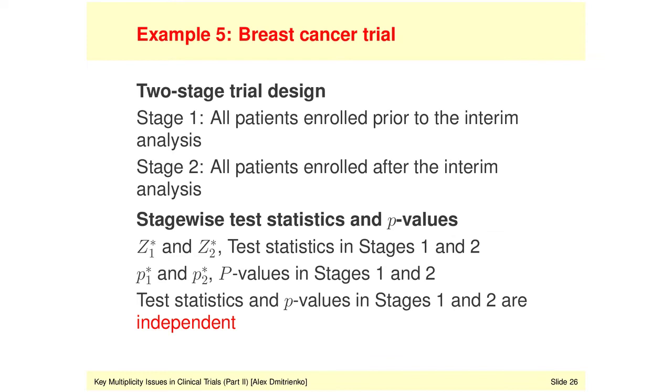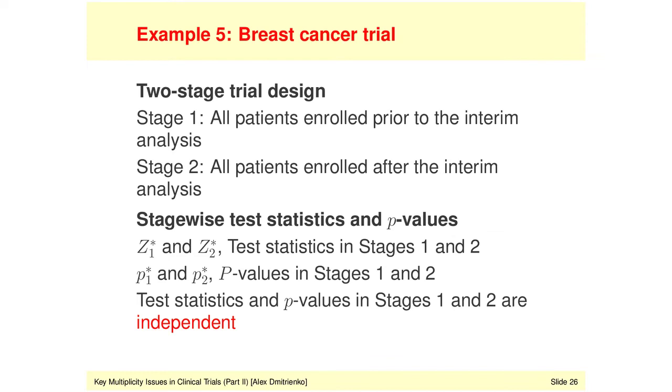We will begin by specifying the stages that will be used in this trial design, and here we will use a patient-wise separation scheme that we defined earlier in this module. Specifically, as you see on the slide, the stage 1 dataset will include all of the patients who are enrolled prior to the interim analysis, and then the rest of the patients who were enrolled after the interim analysis will be included in stage 2.